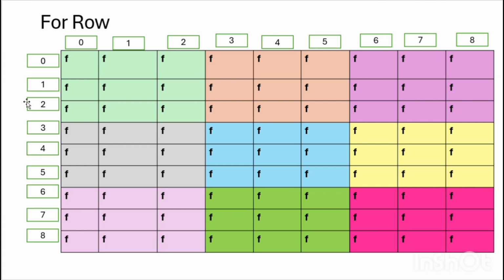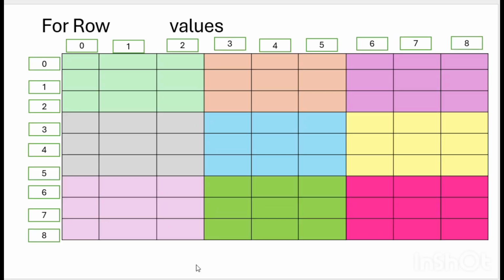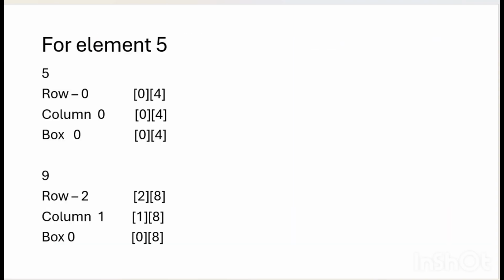To clearly view that updation, I am clearing all the values, but by default it will be false only. To update the row values, first we need to consider how i and j are used. i is the row number and j is the actual value. To fill the value for 5, we need to take which row the 5 is present in, the 0th row.